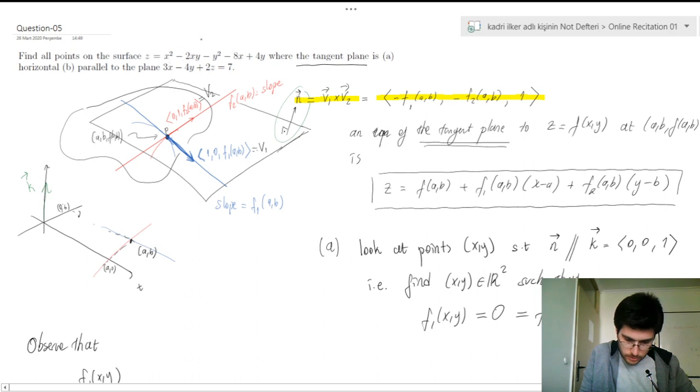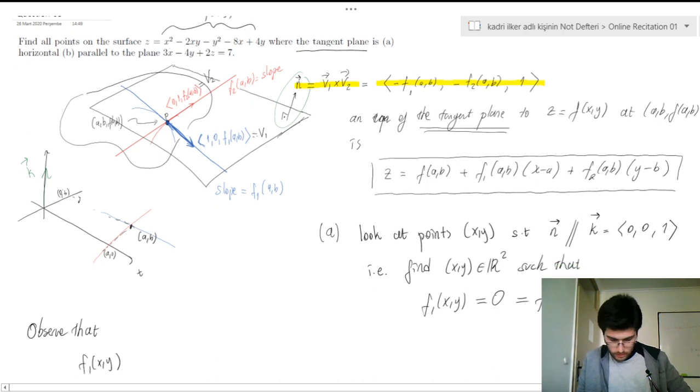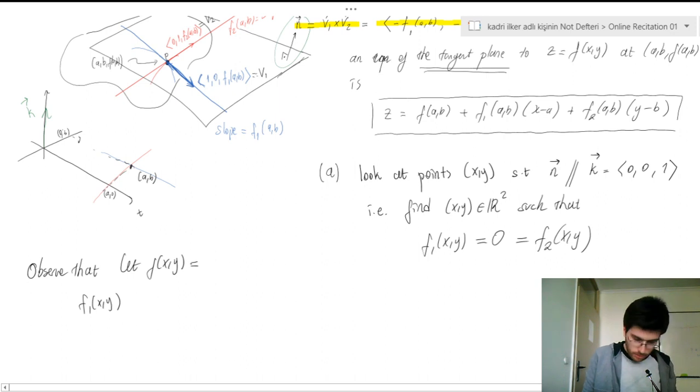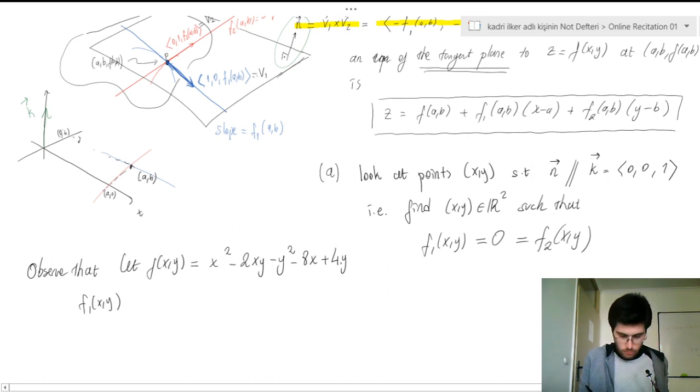So let me specify: f of xy is x squared minus 2xy minus y squared minus 8x plus 4y. Then if you compute, I just skip the details, it's not that hard, but you can check.